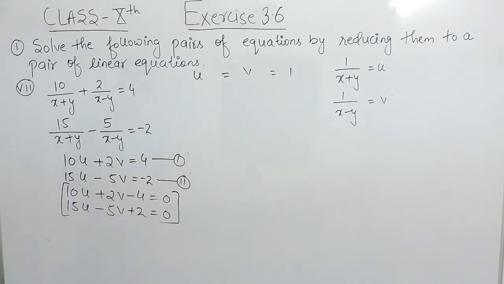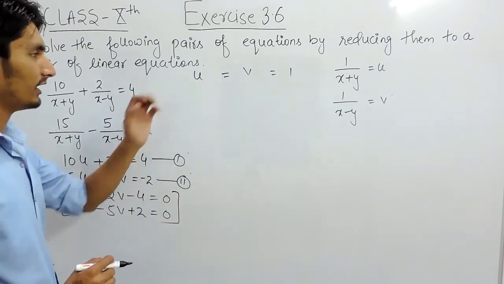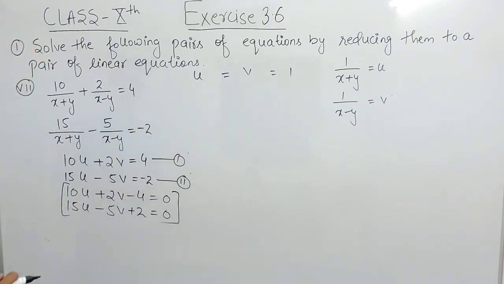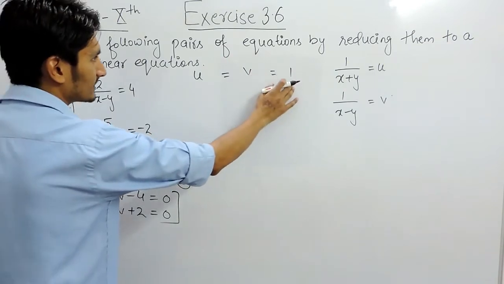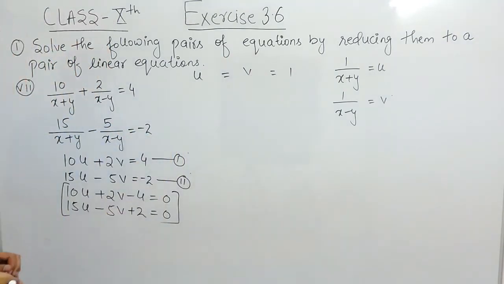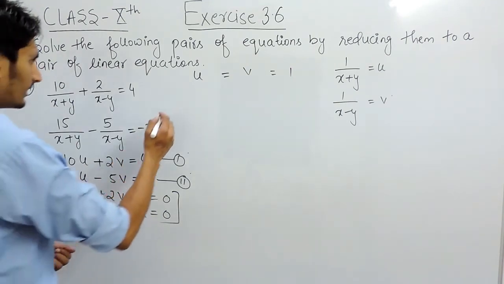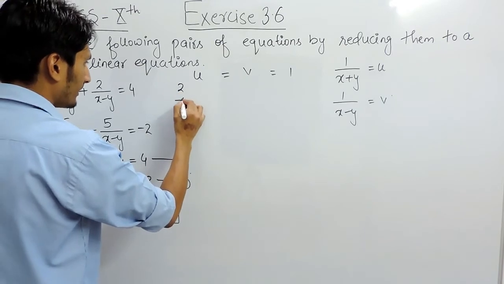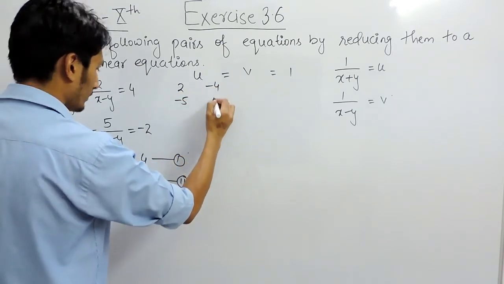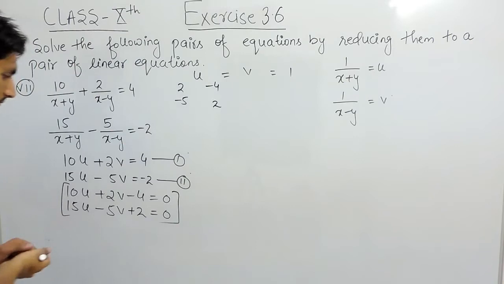Now you have to solve them. We know that to solve by the cross multiplication method, we write it like this, and for u, you have to ignore the coefficient of u and write the other two coefficients. So those are 2 and minus 5, and the second coefficient is 4 and 2.